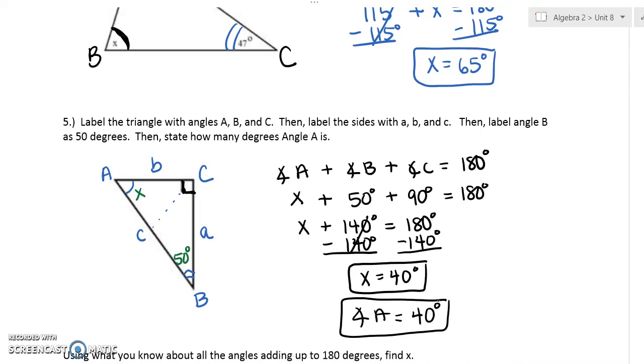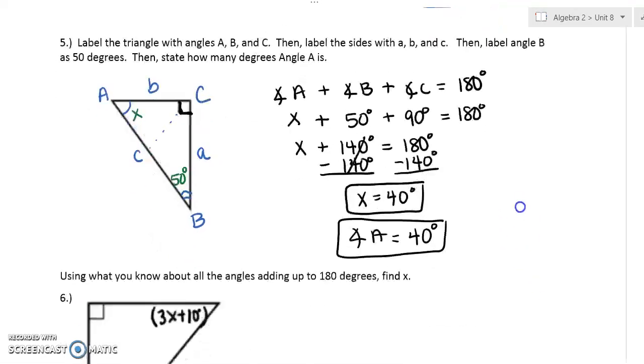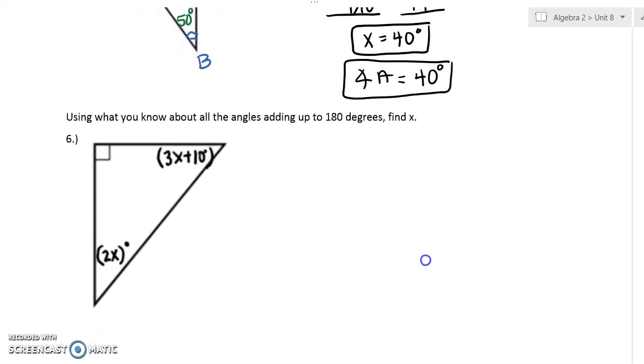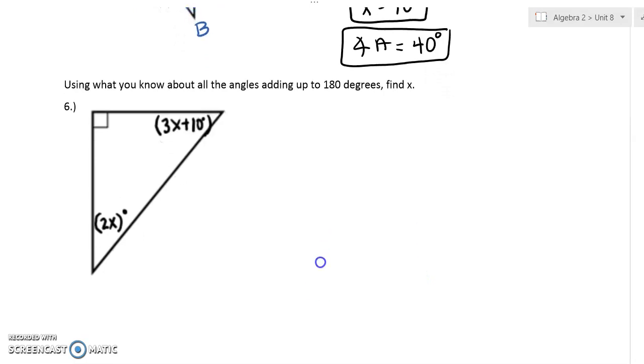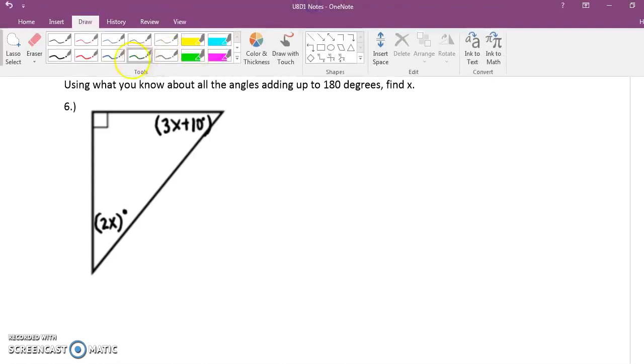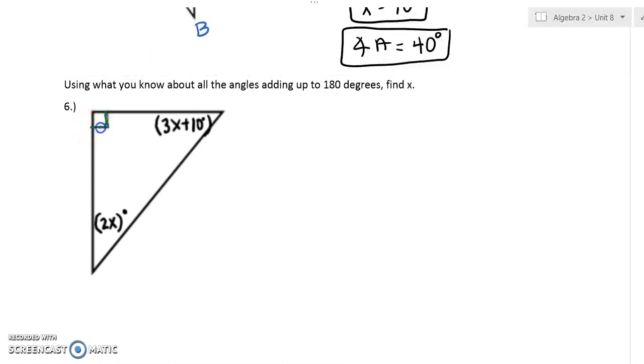Awesome job. Now we can make this concept a little bit more difficult, so I'm going to show you an example like in the last one that we had. It says, using what you know about all the angles adding up to 180 degrees, find x, okay? So we know a couple things. We know that this right here is a 90-degree angle, and we have two angles that have x's.